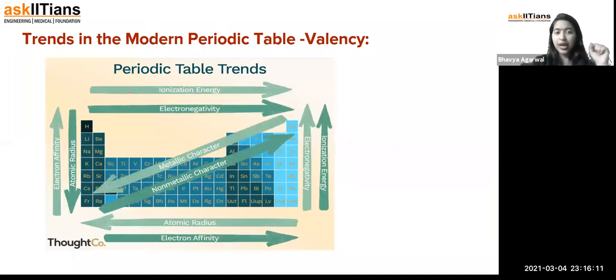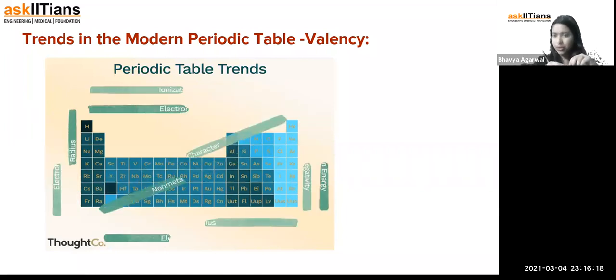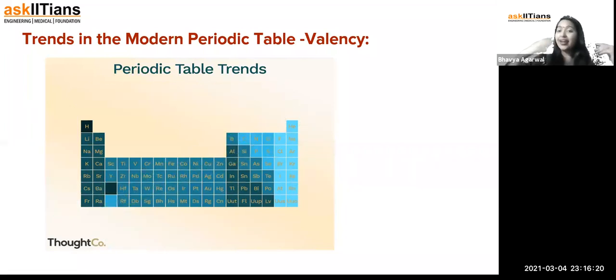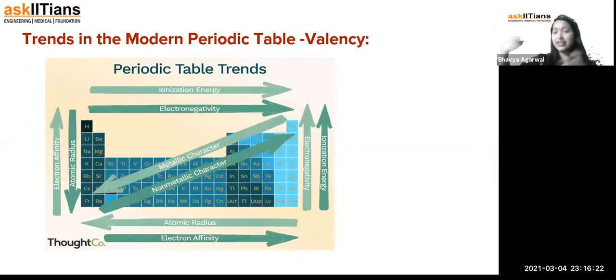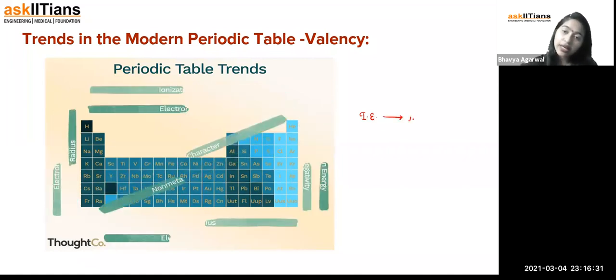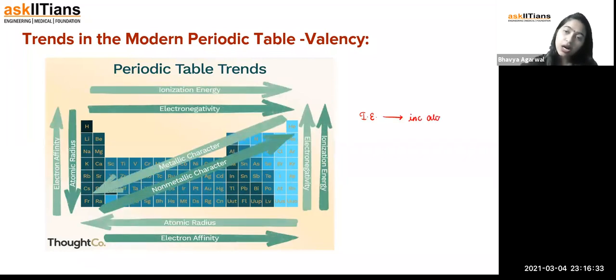As you can see here, if you have an arrow proceeding in the forward direction, it means the ionization energy value is increasing as you move from left to right. Ionization energy increases along the period.